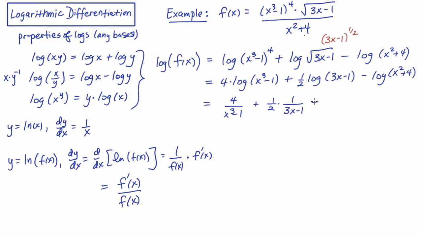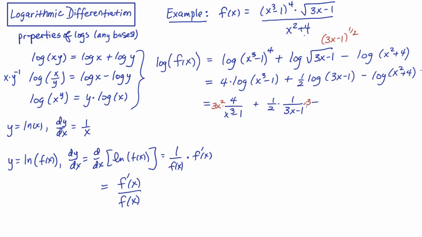Minus, now this one we have to be a little bit careful of. The inside function here is x cubed minus 1 on this first piece, so that means I need a 3x squared as the chain rule part of that. Here, the inside piece is 3x minus 1, so I need a 3 as the chain rule part of that.